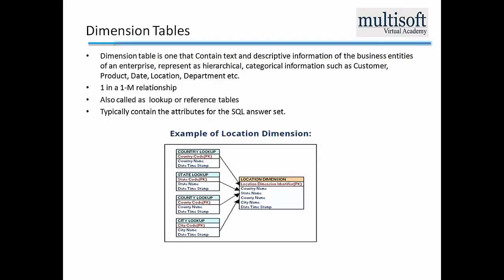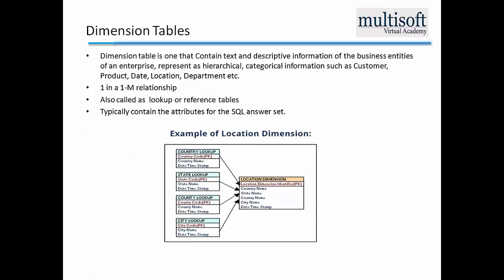If you want to do analysis based on city, you will join the fact table with the dimension table and pass the city in the where clause to see city level information, city level sales, something like that.